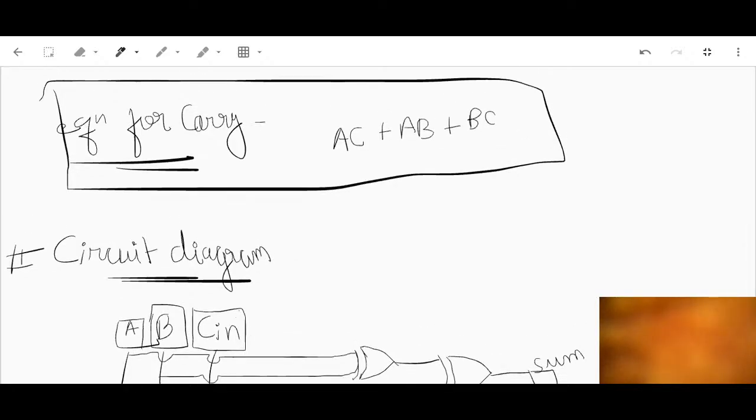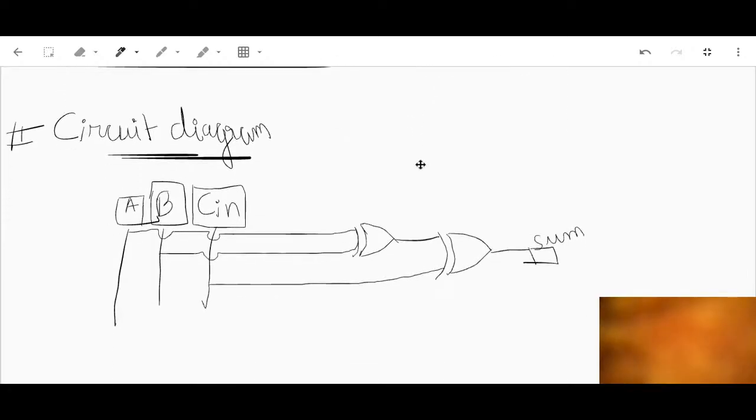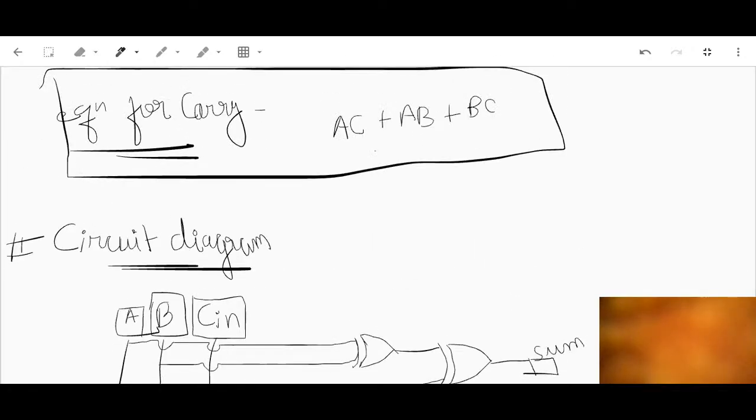So here we just get the sum, and then we have to draw the circuit for carry. Okay, so here we would have to use three AND gates and then two OR gates. If we want to use fewer gates, we have to take a common factor here. So let's take A as common, then C plus B, and then plus B C. So here we'll take only two AND gates.